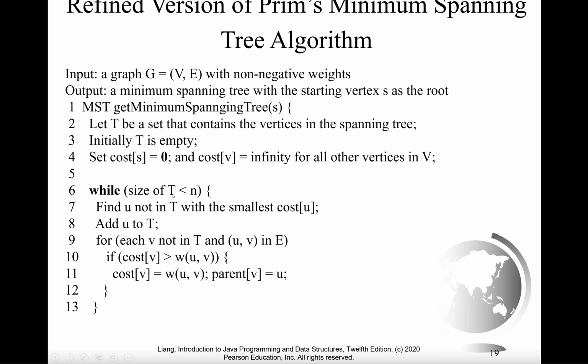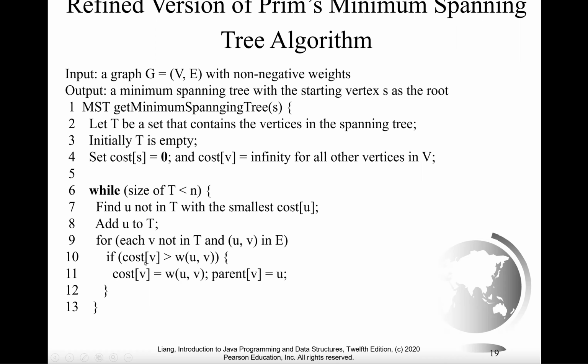Now, while the size of T is less than n, find u not in T with the smallest cost. Well, this is the smallest cost right now, which is 0, so the source is brought in. Add u to T. For each v not in T where uv is an edge, we're going to check the cost.